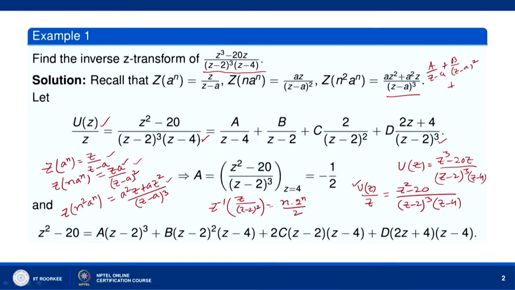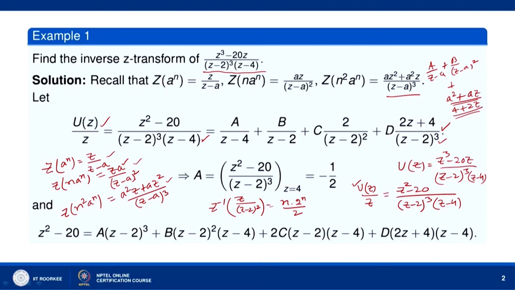So, what is left is a square z plus z, so we have a square plus a z. We need a square plus a z here. So, with a equal to 2, we have 2 to the power 2, that is 4, plus 2z. So, we need in the numerator 2z plus 4.